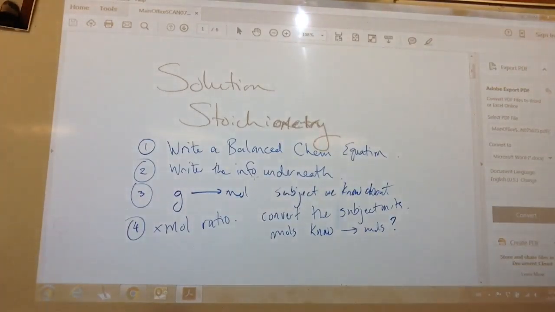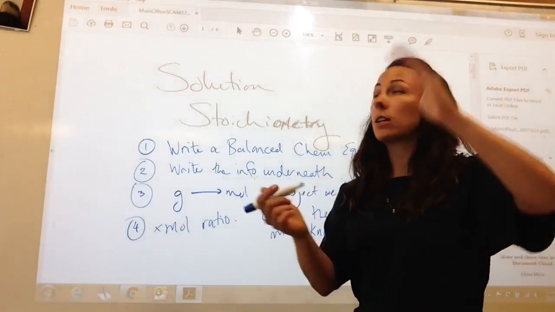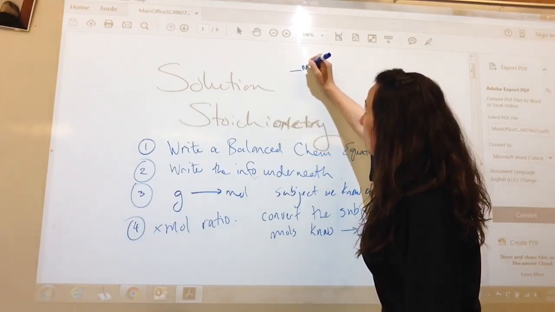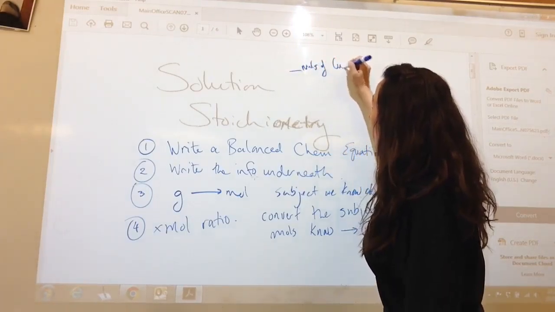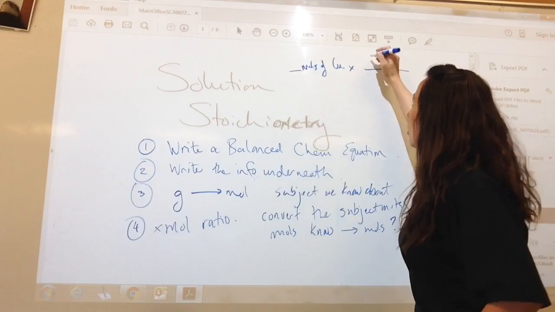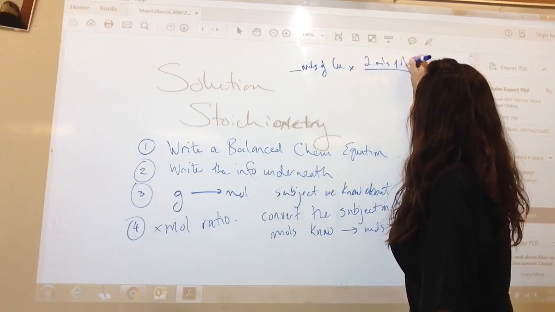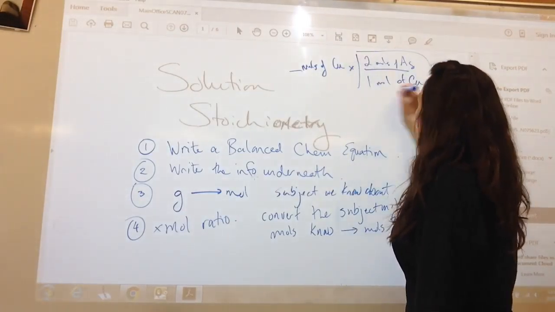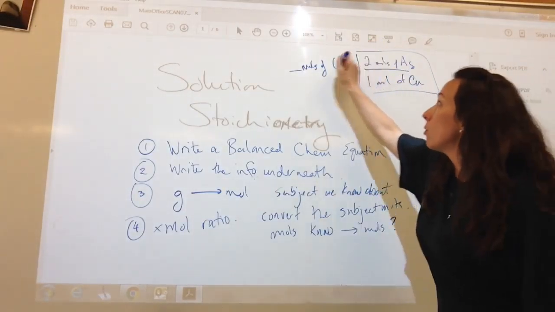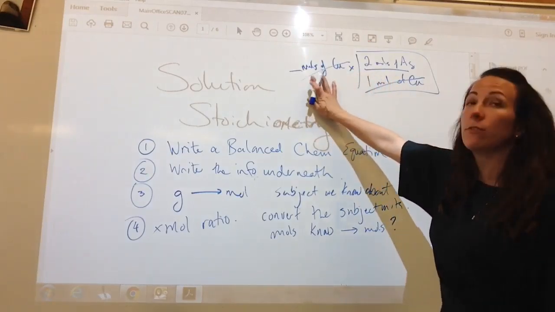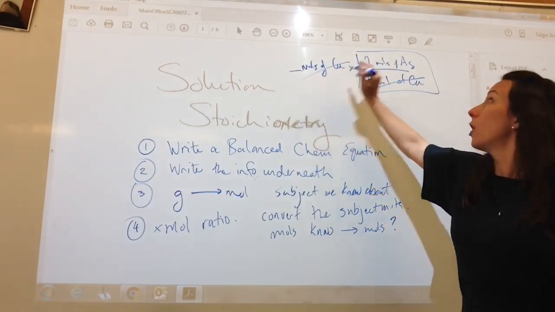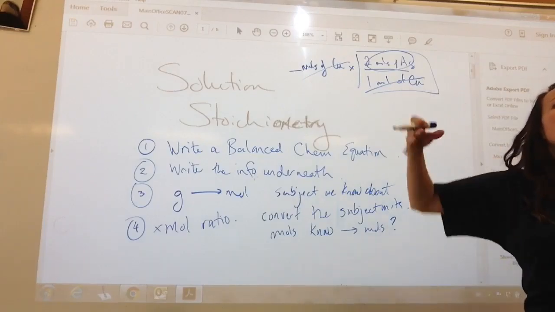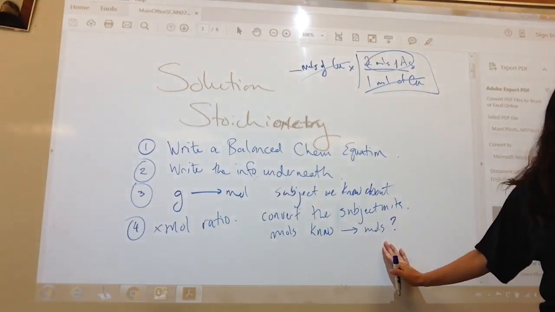Does everybody get why we do that mole ratio, the bridge? We can cancel out the top units from the bottom units. If it's however many moles of copper times, let's say a 2-to-1 ratio, 2 moles of silver to 1 mole of copper, that's from our balanced chemical equation, the moles of copper cancels out, and all of a sudden I've converted from my moles of copper into my moles of silver, and now I can discuss silver, which is where my question mark is.